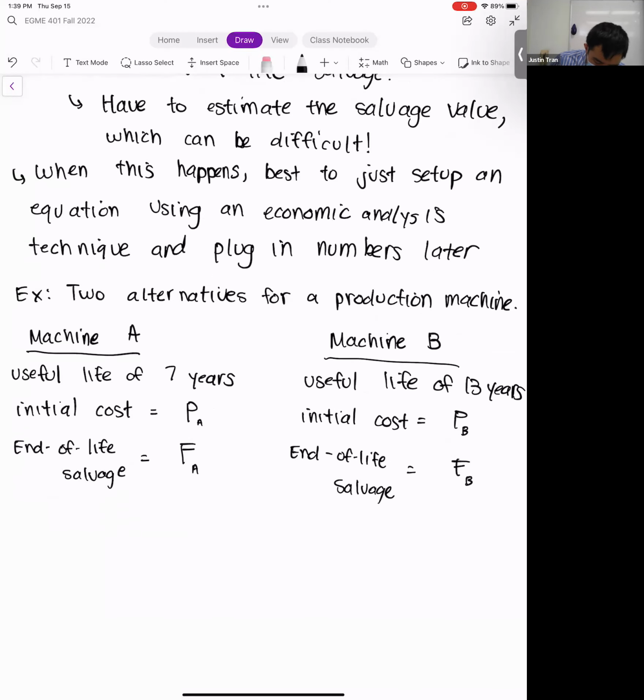And so let's say that for this production machine, the company only plans on using them for 10 years. Okay.